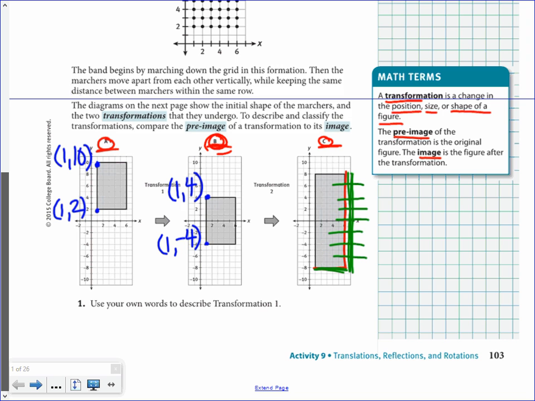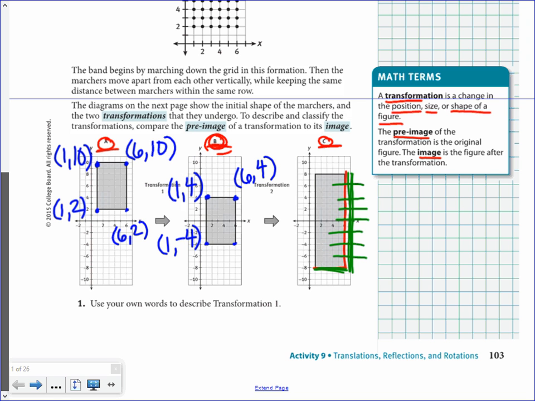Then they give you (6, 10). That is the top right corner. And the top right corner on figure B, your image, is (6, 4). Then the last corner is (6, 2). The bottom right corner is (6, 2) on the pre-image.